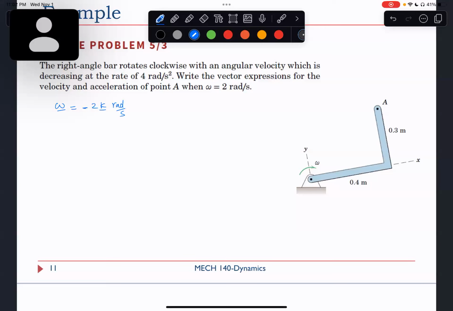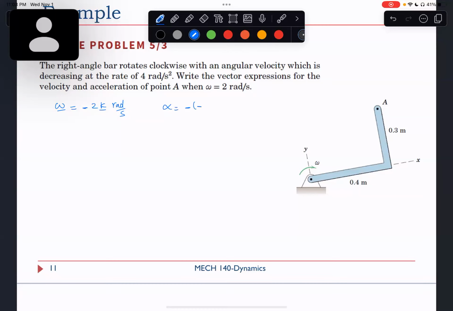Okay. We also know that alpha is in the same direction, right? We know that alpha is decreasing, so it does have a negative itself.